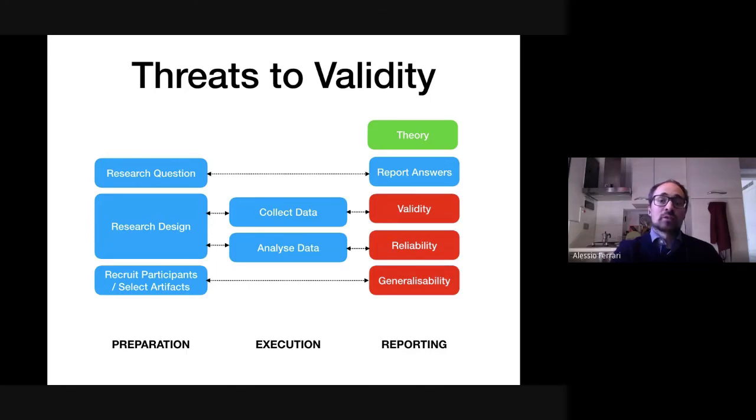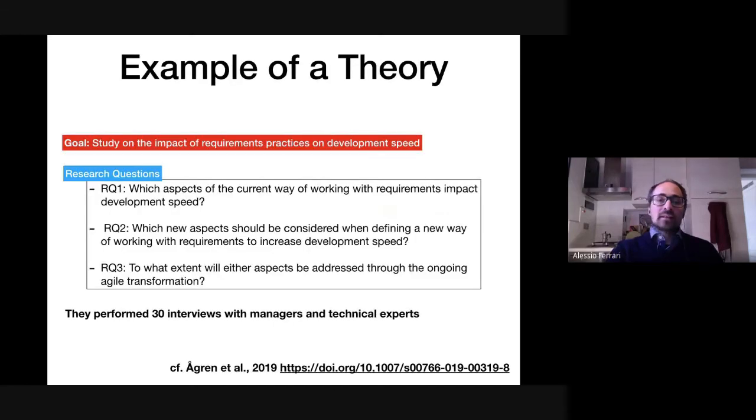Reliability is related to the way you analyze the data, because reliability is about how traceable the codes and the theory that you are bringing are. And generalizability is related to the recruitment of the subjects, so to which extent you have performed effective thematic sampling.